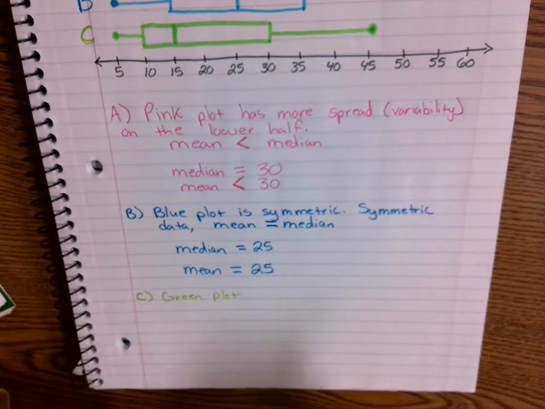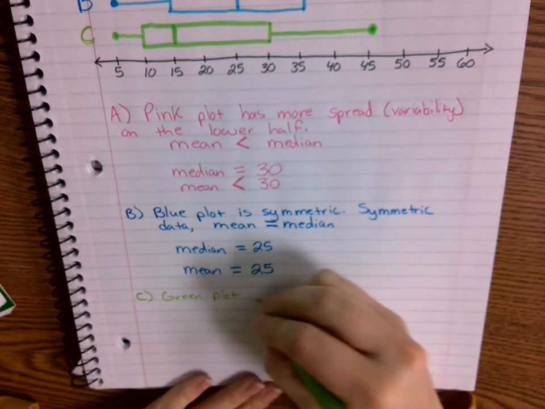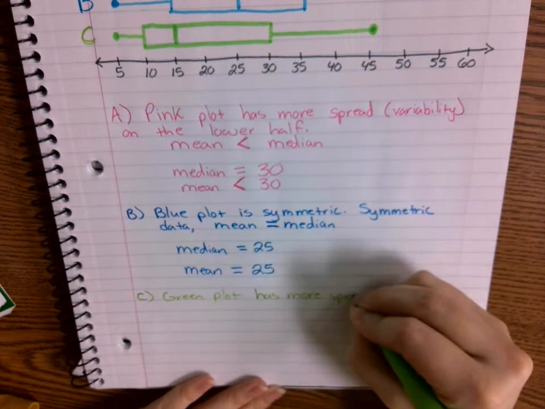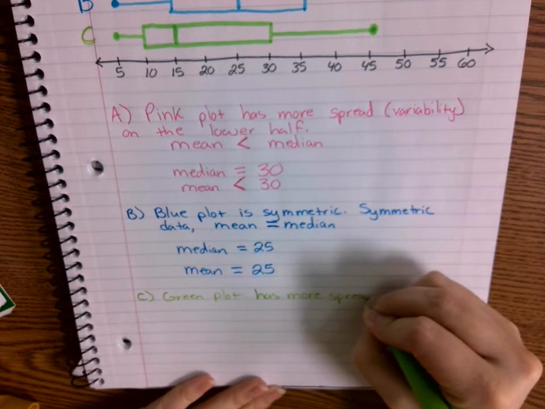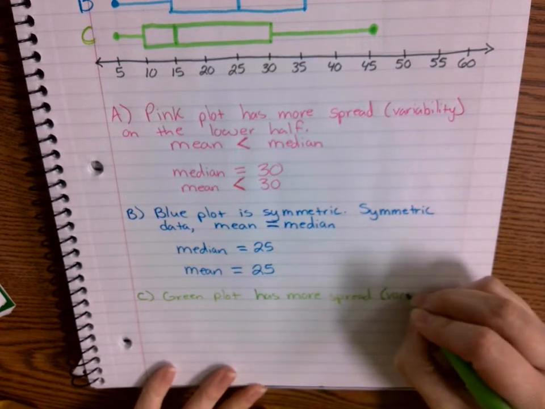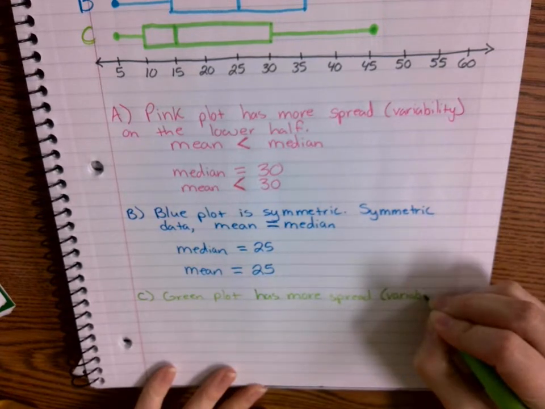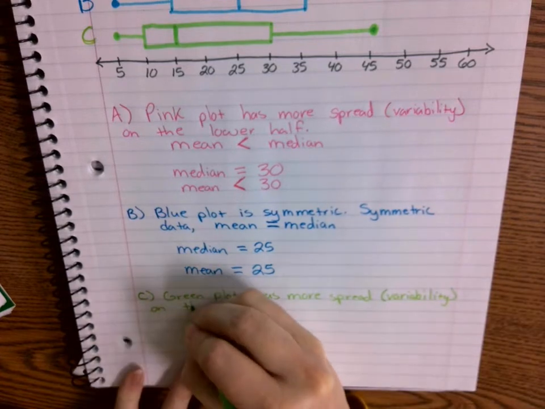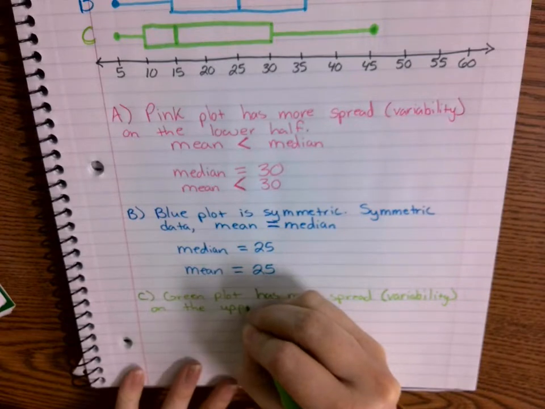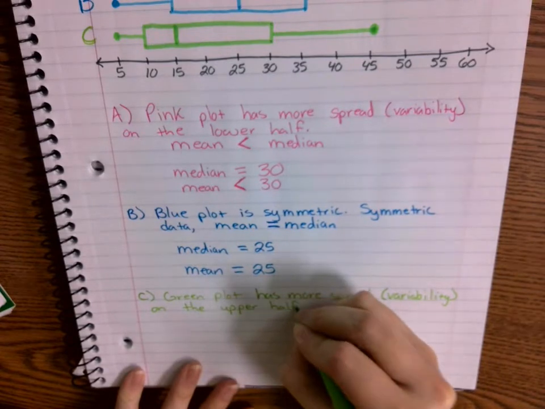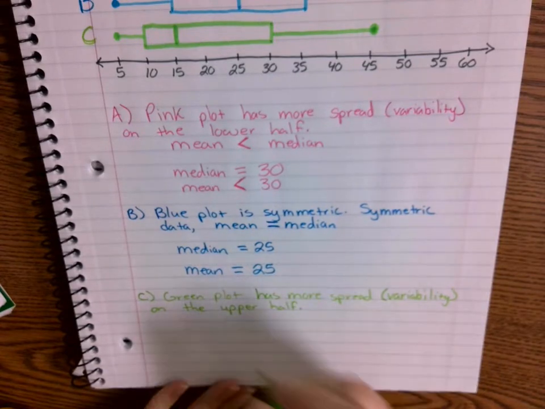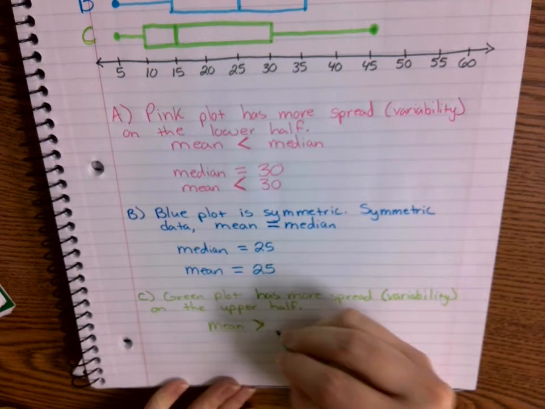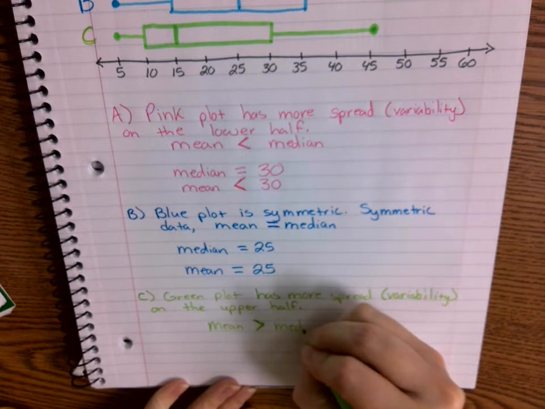The green plot, if the green plot has more spread, or variability as we called it, on the upper half, then that means that the mean is going to be greater, it's larger than the median. That's very important to understand.